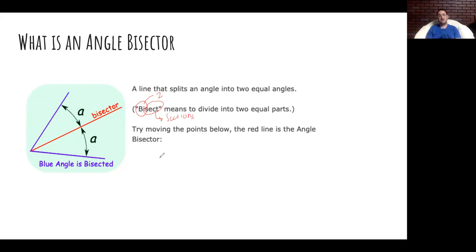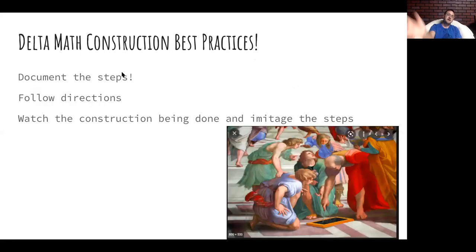And we are actually going to be able to explore the features of Delta Math today, and you're going to actually see how bisectors work, and you are going to bisect an angle, and you're also going to be able to perform a construction. All right, so before we do some Delta Math examples, I am going to turn you loose on a construction on the Delta Math assignment.